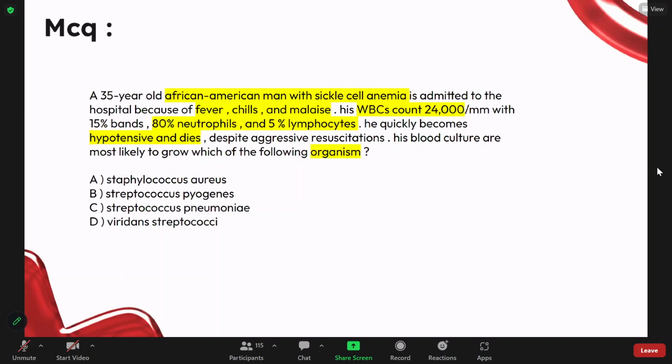He quickly became hypotensive and died, despite aggressive resuscitation. His blood culture is most likely to grow which of the following organisms? Staphylococcus aureus, Streptococcus pyogenes, Streptococcus pneumoniae, viridans streptococci.